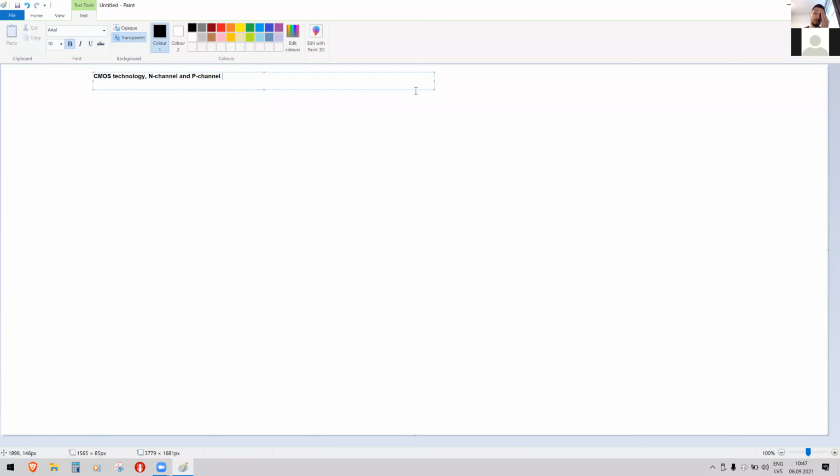So you can write in a chat box how many of you know what is this N-channel and P-channel MOSFET. Metal oxide semiconductor field effect transistor, MOSFET.